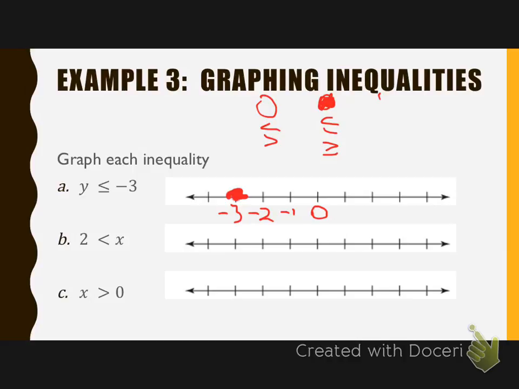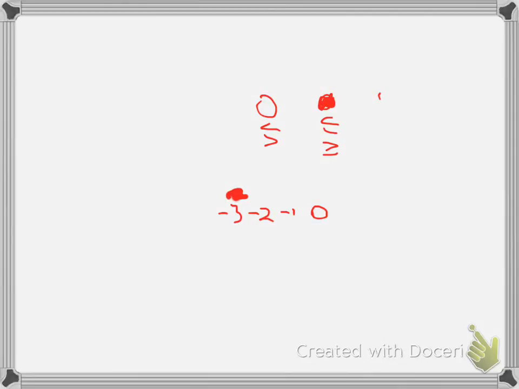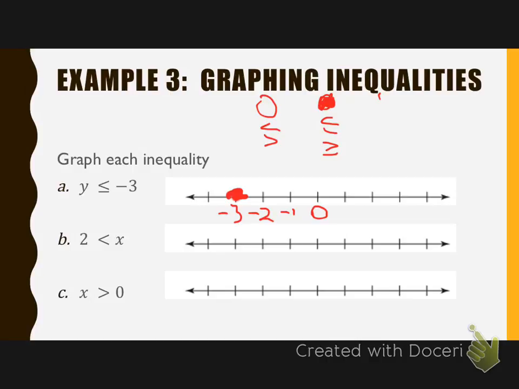The arrow is going to go, let's see, y is less than negative 3. So where are the values less than negative 3? If you plug in like negative 4 here, negative 4 is less than negative 3 is true, so we know it's going this way.